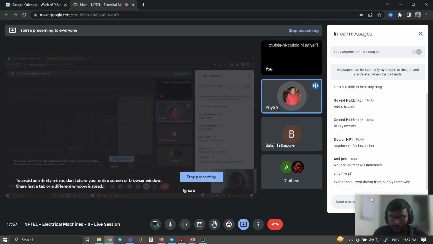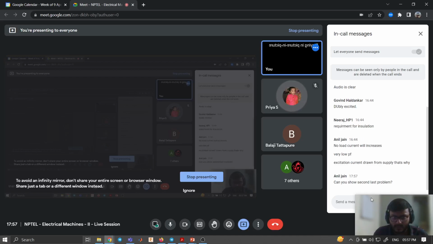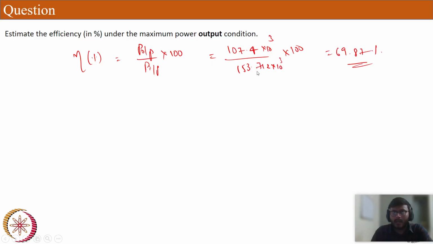Tomorrow, for the questions on the generator part as well, maybe he can discuss. Second last problem. Which one? See, this generator part questions would be also very similar. You can try and solve those problems also.